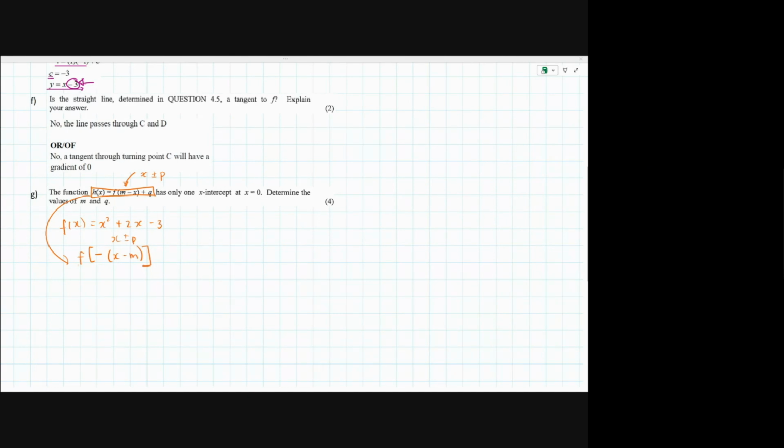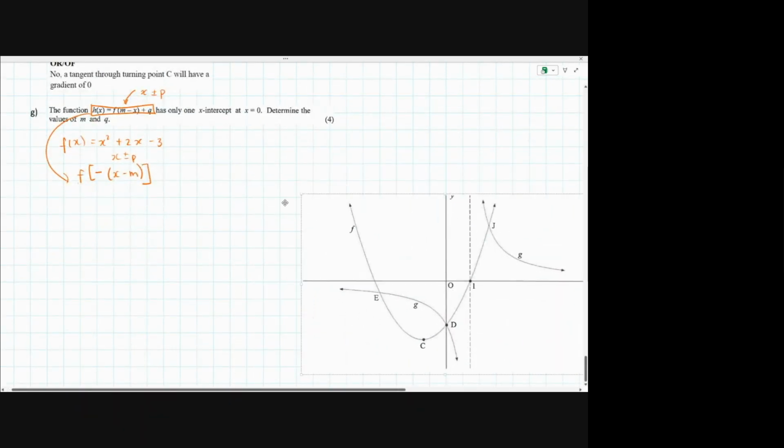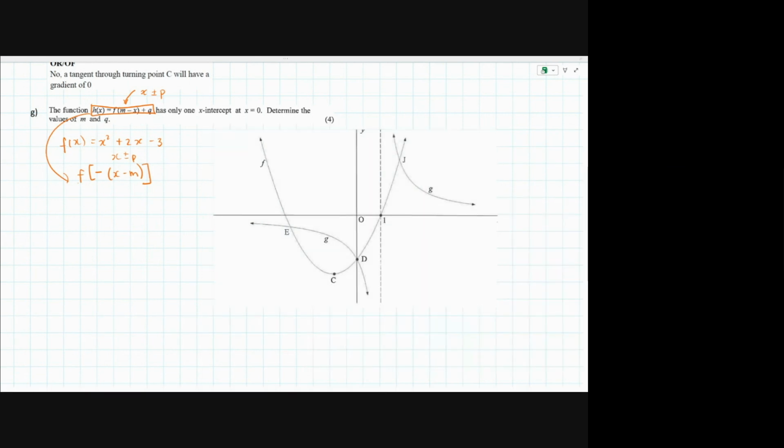Yes, my darling. Okay, there's our graph. Sorry. Right, there it is. Stupid amount of time spent on that, but there we go. It's very helpful to have the graph. So there's my function.